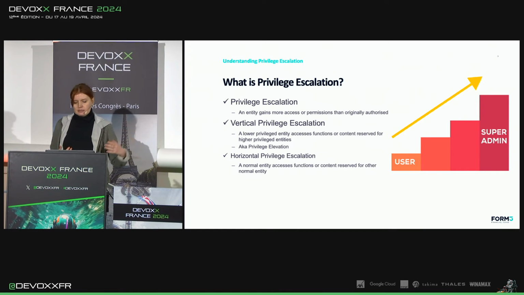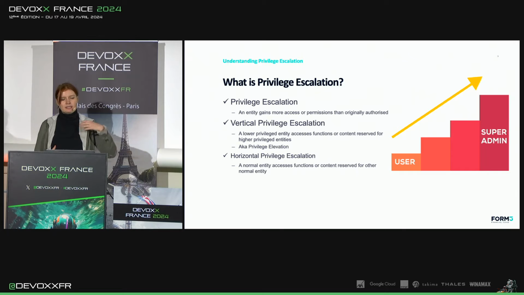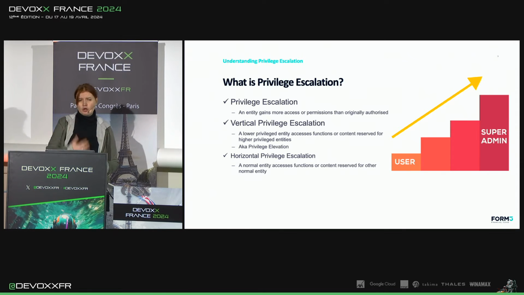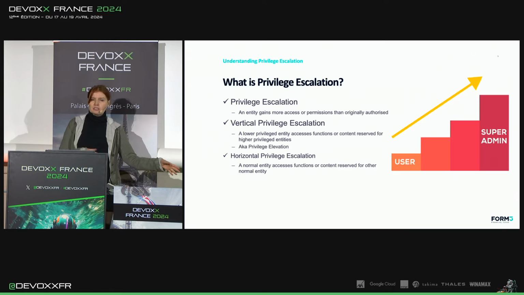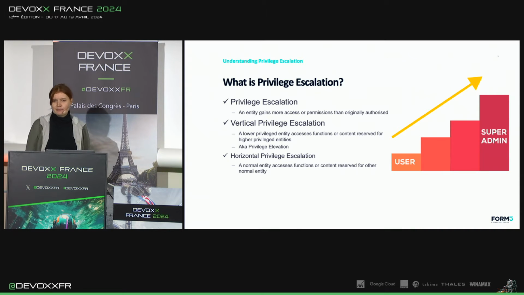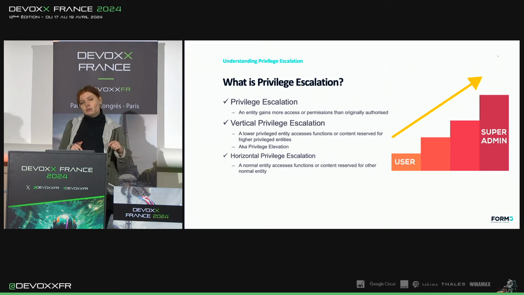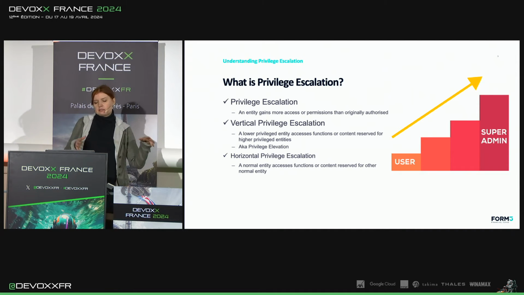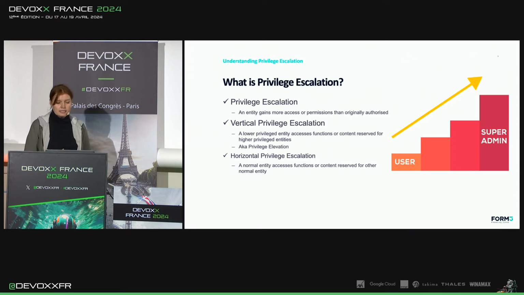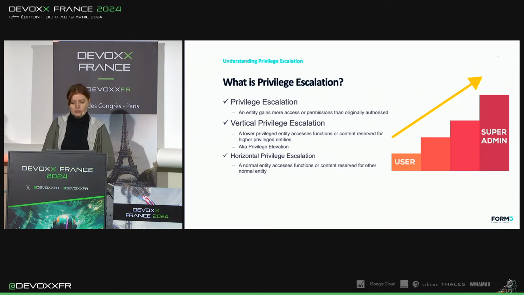One is vertical, where a lower privileged entity gains access to content or functions assigned to higher privileged entities, like going from a regular user to a super admin in 10 seconds or something like that. And we can talk about horizontal privilege escalation, where a regular user, entity or service gains access to the content assigned to another regular user.